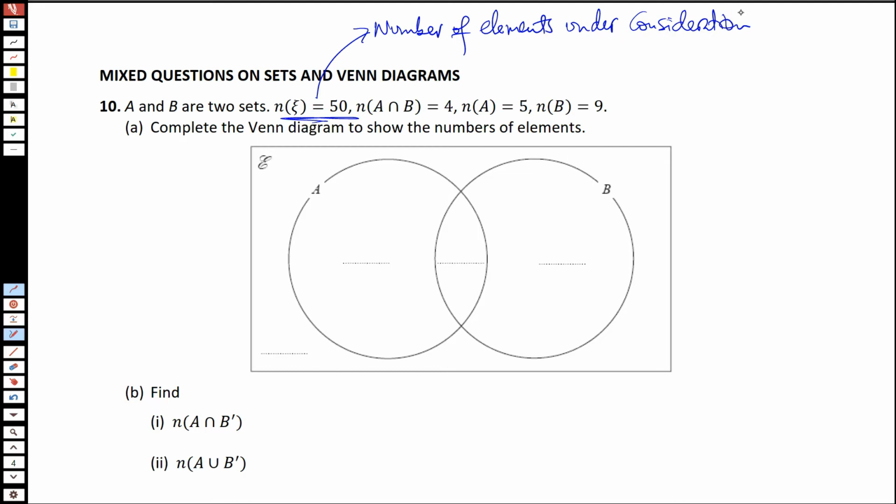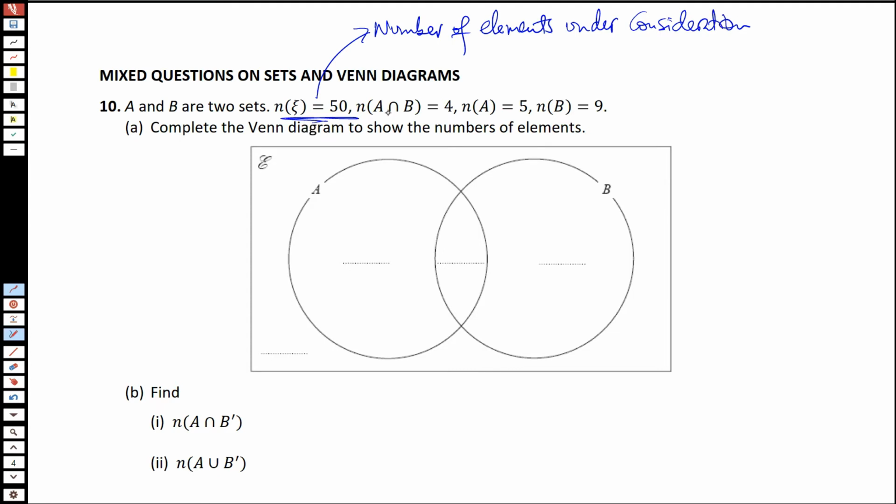So that means that the rectangle here represents 50 elements. And what is common between A and B is 4 elements.